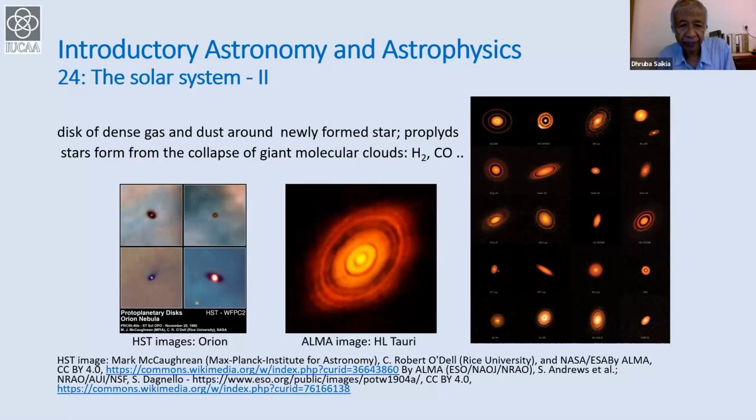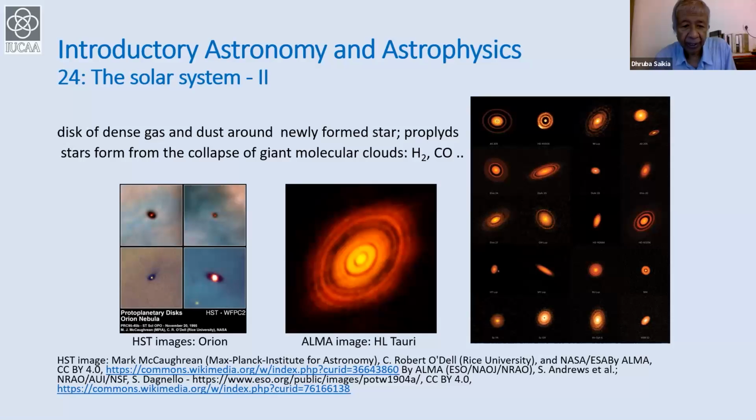And along the disk, depending upon the perturbations and the gravity, various parts will condense to form planetesimals, which will probably coalesce to form planets. So this is what has been simulated by theoretical calculations.